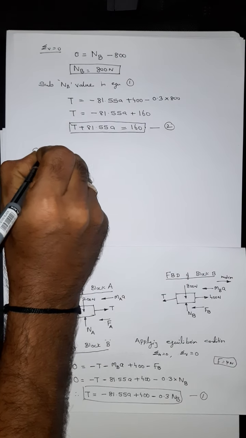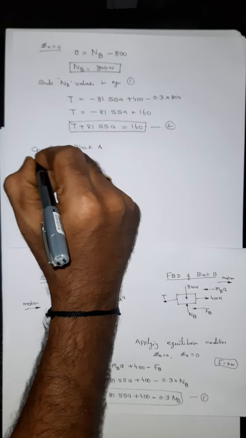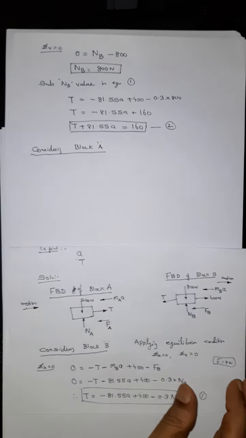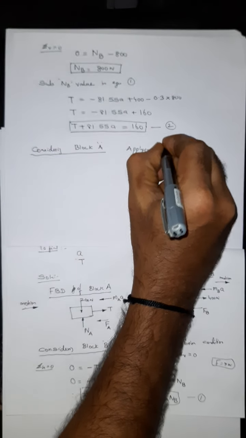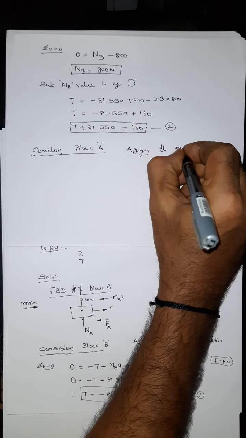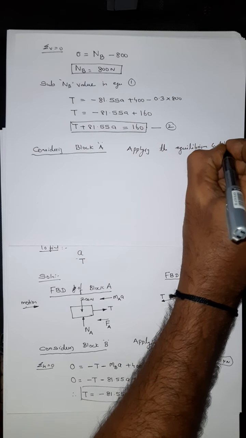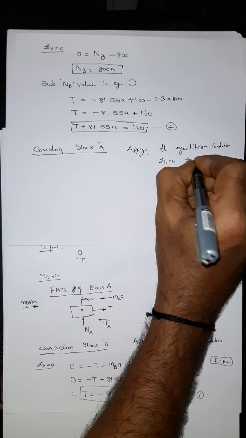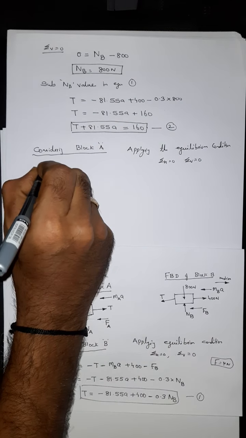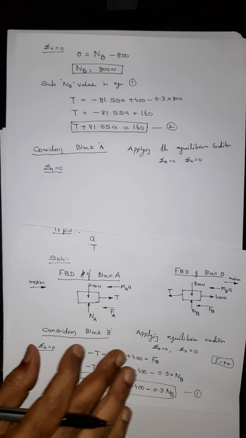Now considering block A, again apply the equilibrium condition. Summation H is equal to 0 and summation V equal to 0. Let me resolve the horizontal forces first.